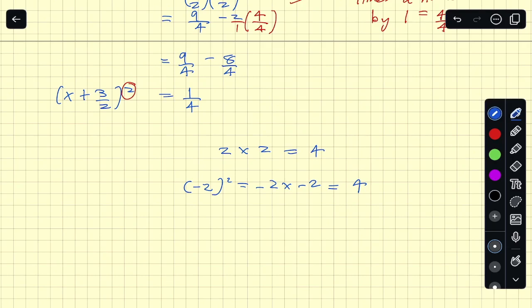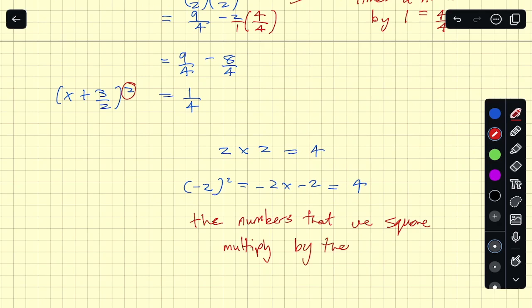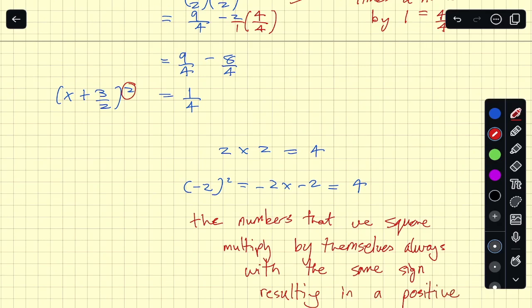So if I have the number and then I square it, which means it's going to be multiplied by the same number, this means the numbers that we square, I'm going to write it out very explicitly, but maybe this is obvious to you, multiply by themselves always with the same sign, resulting in a positive number.